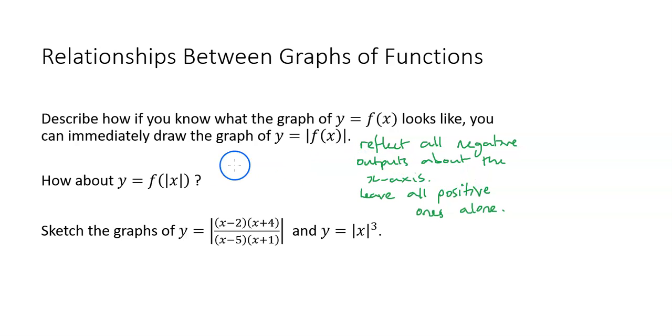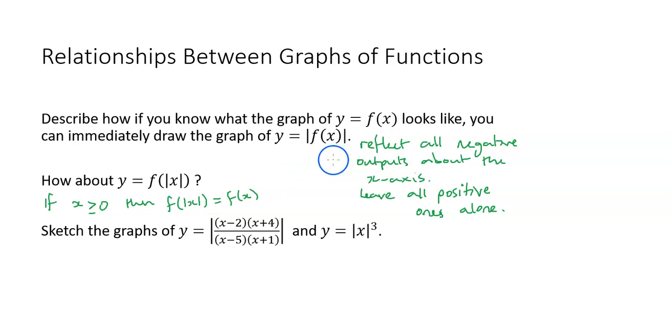And then the graph of y equals f of the modulus of x. Well, if x is bigger than or equal to 0, then f of the modulus of x is just equal to f of x.